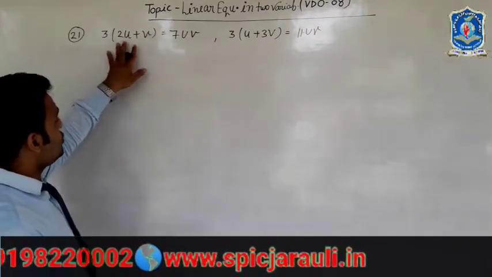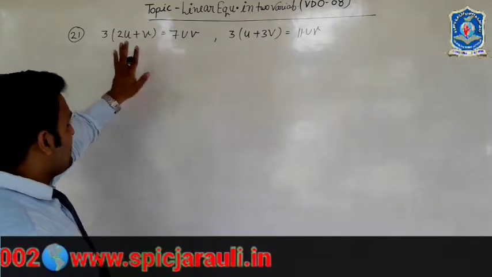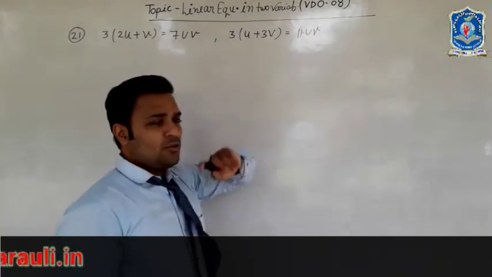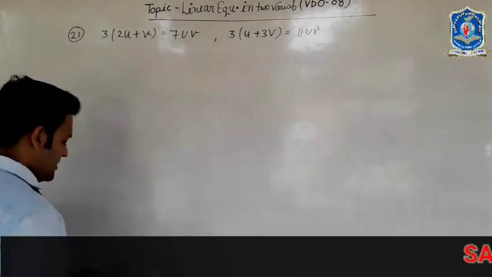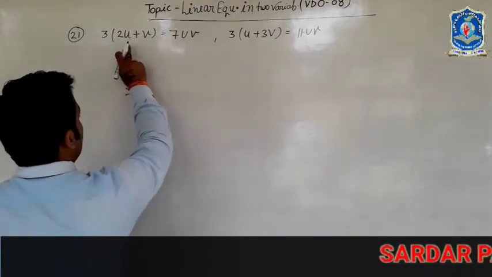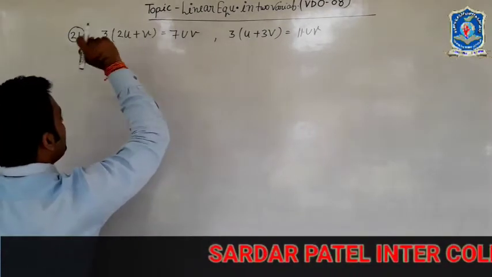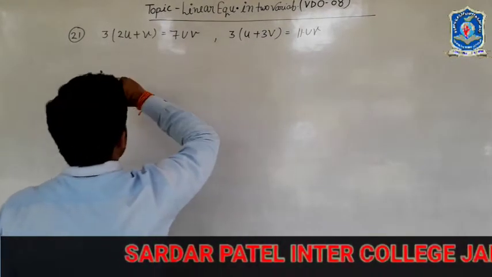So here, see 2u + v, our variables are u and v in this question. First we have to simplify these two simultaneous equations. How can we simplify them?